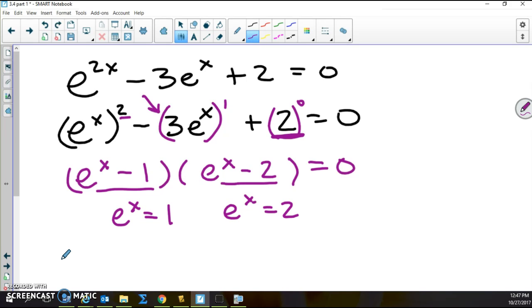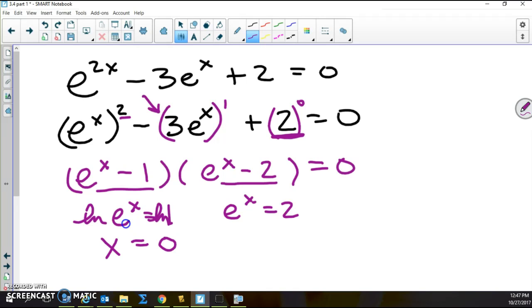In the case of our first solution, e to the x equaling 1, we're going to take the natural log of both sides. Natural log of e to the x gives us x. And the natural log of 1 is asking, e to what power is 1? We know anything to the 0 power is 1.